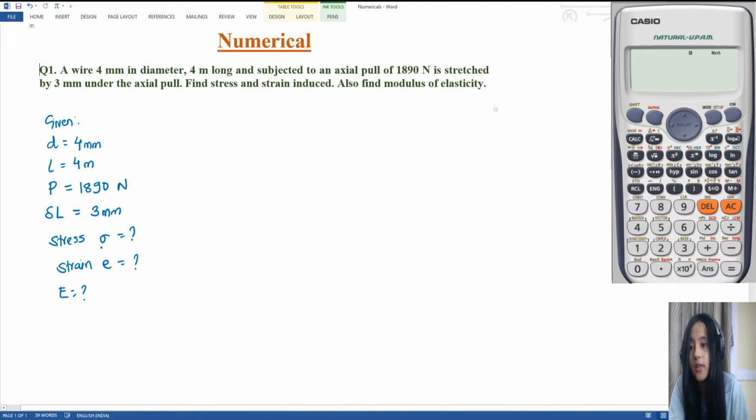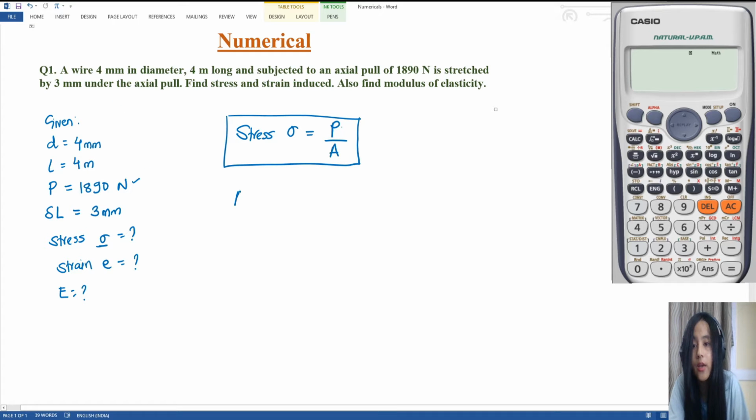So first let us find stress. What is stress? Stress sigma is equal to force by area. This is the formula to find stress. Now we already have force given here. We don't have the area of this wire.